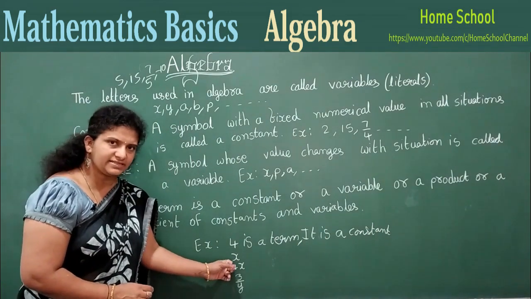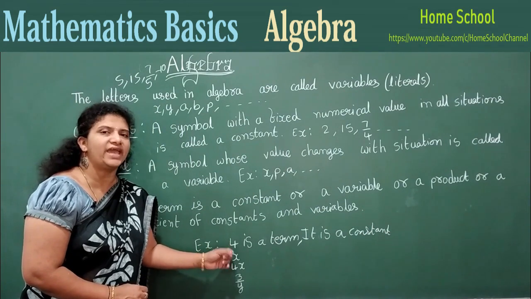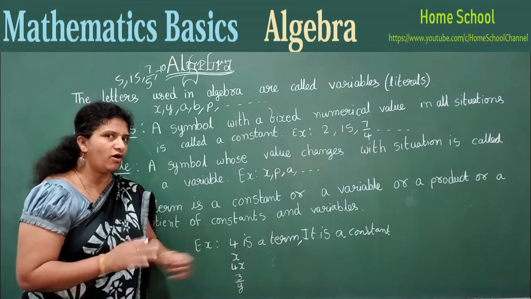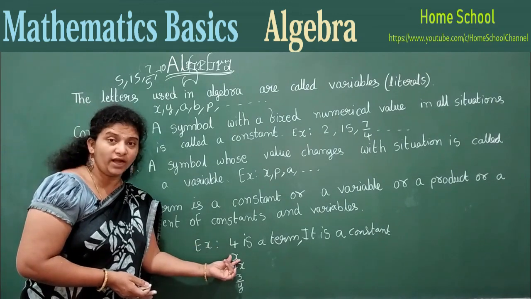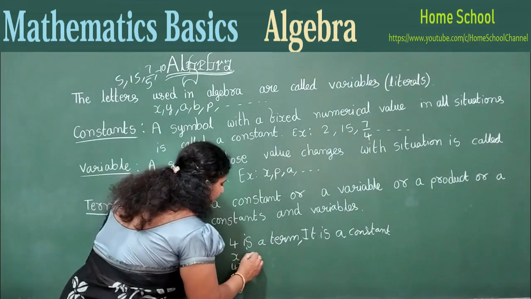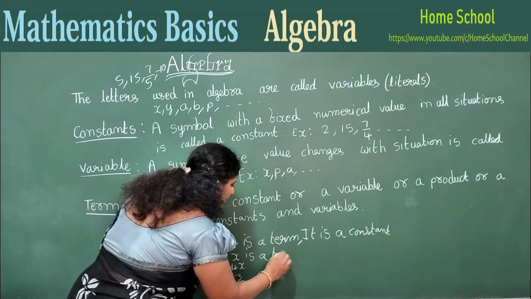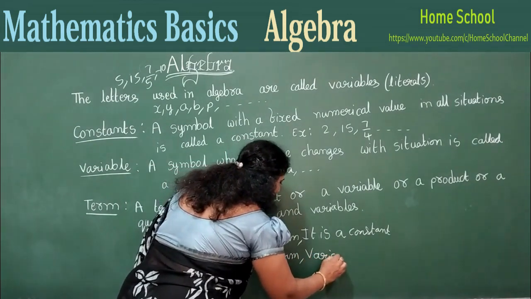See the next example here, x. What is x? It is a symbol, a variable, and its value will always be changing according to the situation. Is this a term? Yes, it is also a term. x is a term, whereas it is a variable.